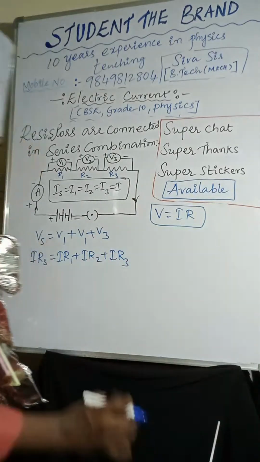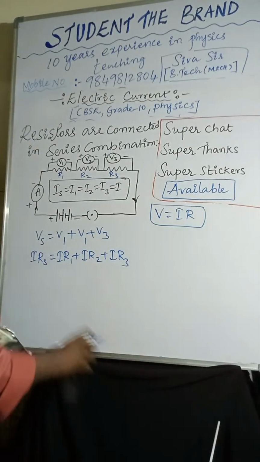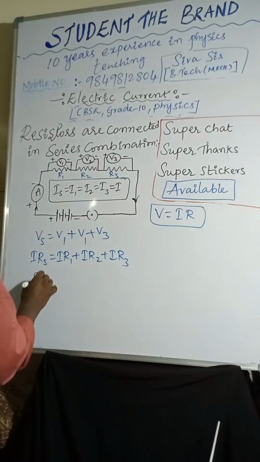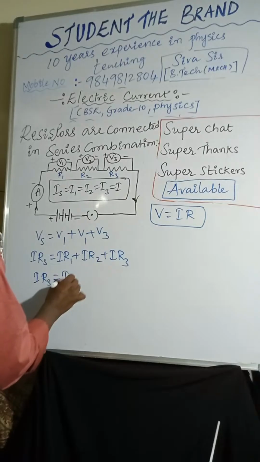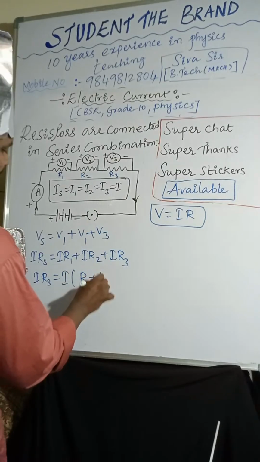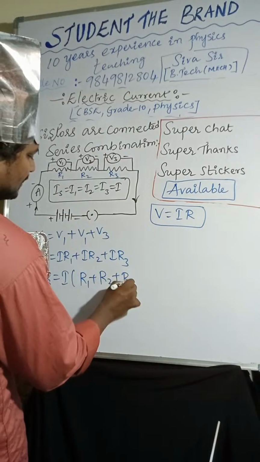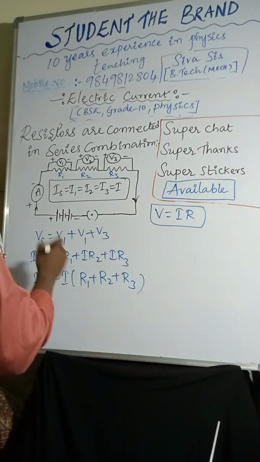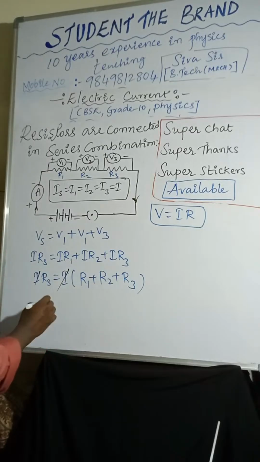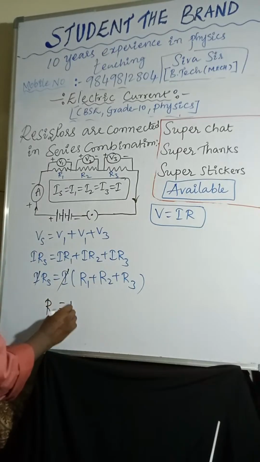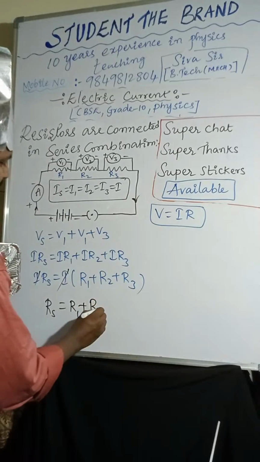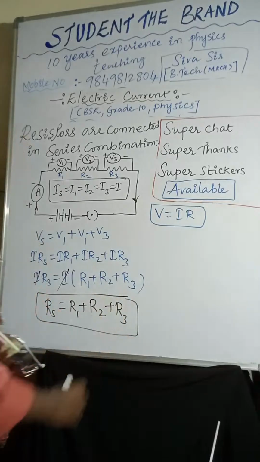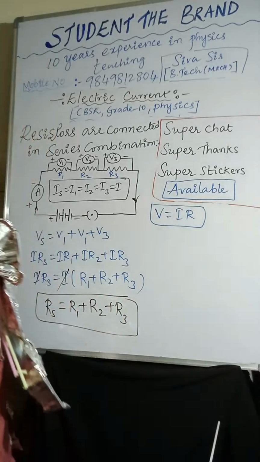Then we can take I common: I Rs equal to I times R1 plus R2 plus R3. I gets cancelled. Then Rs equal to R1 plus R2 plus R3.